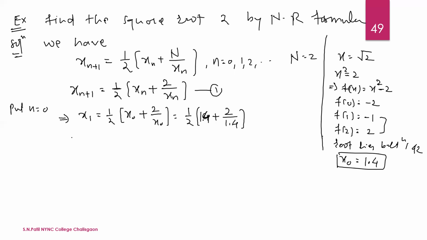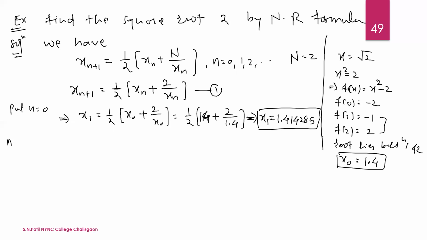So here we get the first value x1 is equal to 1.414285. We take the six digits after the point. Okay, this is the x1.